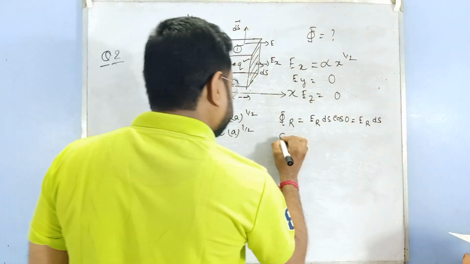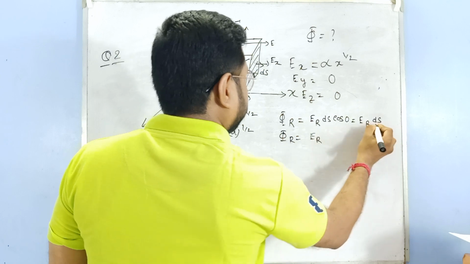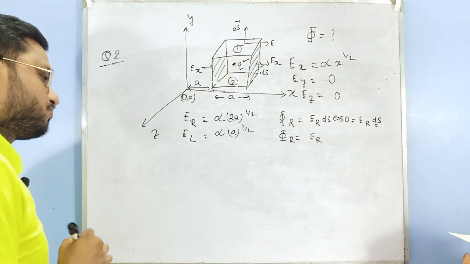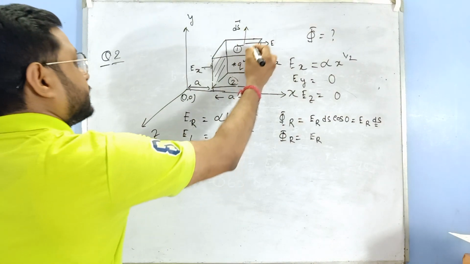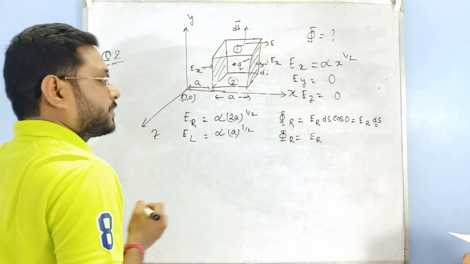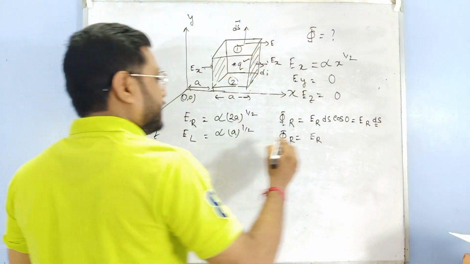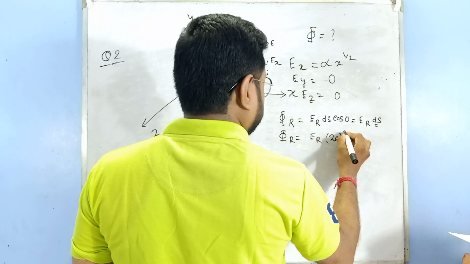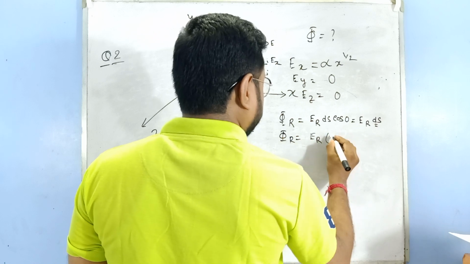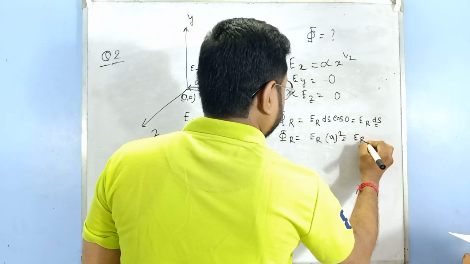Now what is the value of dS? It is the area of the square, only this side, not the cube. Sorry, this side is a, not 2a. That is ER into a square.